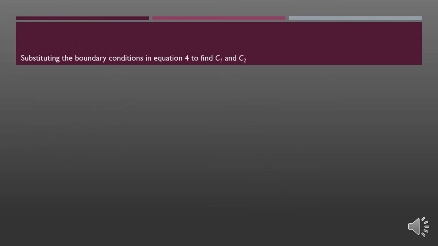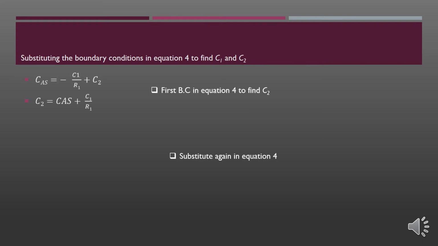The next step is to substitute the first boundary condition in equation 4 to find C2. Now that we know the value of C2, this equation is replaced again in equation 4 to leave all unknown terms with respect to C1 and find its value, and so we have equation 5.